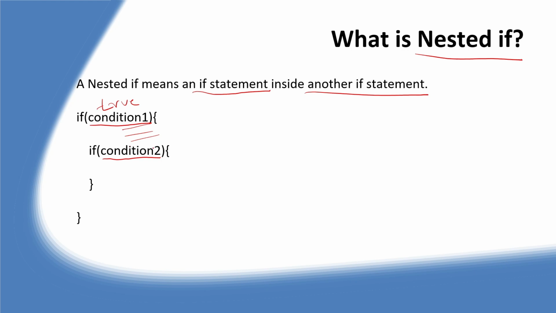Then again it will check condition 2, and if it is true, it will execute the lines of code inside that if block, and after completion it will execute the lines of code inside the outer if block. So this is the execution flow of nested if statement.